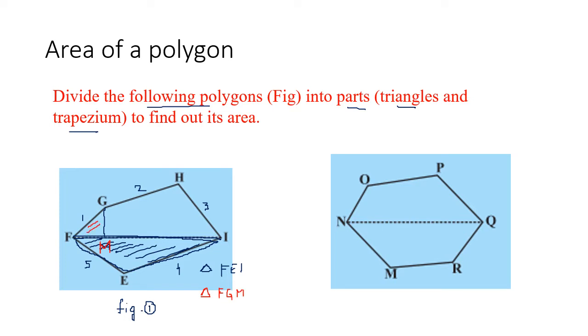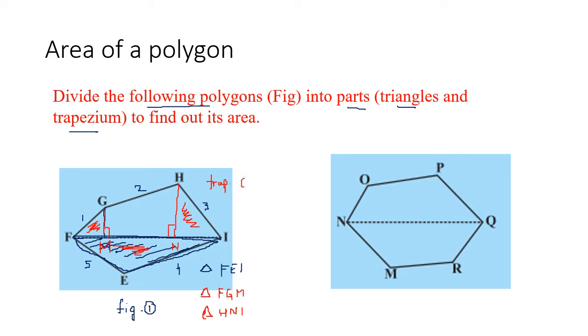Then I'll draw an altitude here and call it N. So I've got another triangle HNI. So I've got three triangles here, triangle 1, triangle 2 and triangle 3. And this one is 90 degrees and this is 90 degrees, so the lines are parallel. So I have got a trapezium.